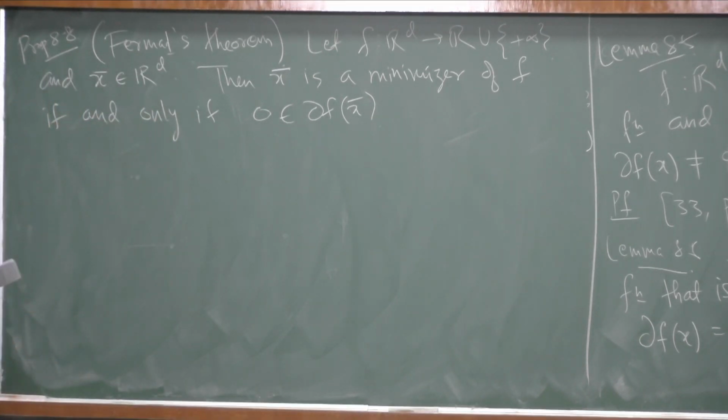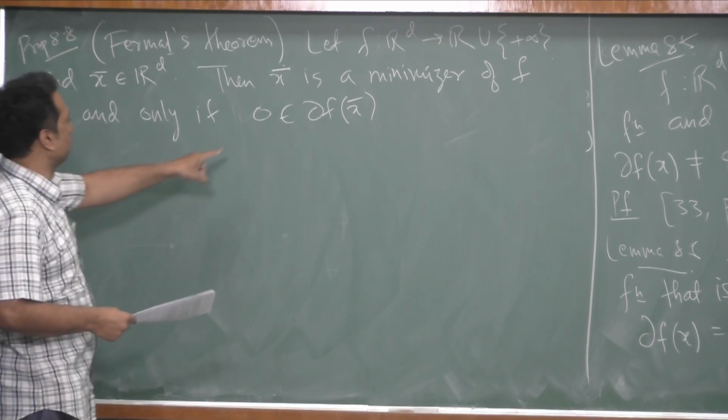Okay, I believe we have done this proof as well. What it says is that even for the non-smooth case, it is possible that you will have many gradients, but at the minimizer you must have one of the gradients which is 0.